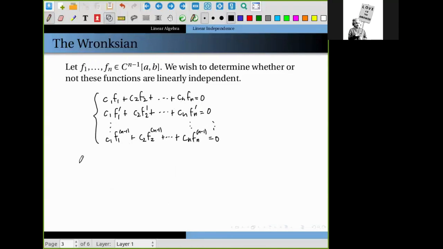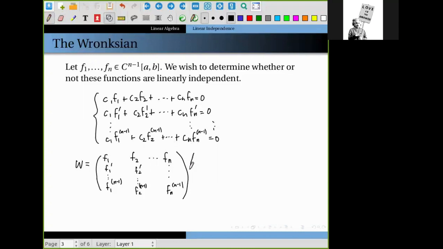We can write this as the matrix W, where the unknowns are the c's, c1 through cn, and the coefficients are these functions now. So the matrix W would consist of f1, f1', all the way down to the (n-1)st derivative of f1 in the first column, and we fill out the entire matrix with these functions and their derivatives, up to the function fn and all the way down to its (n-1)st derivative.